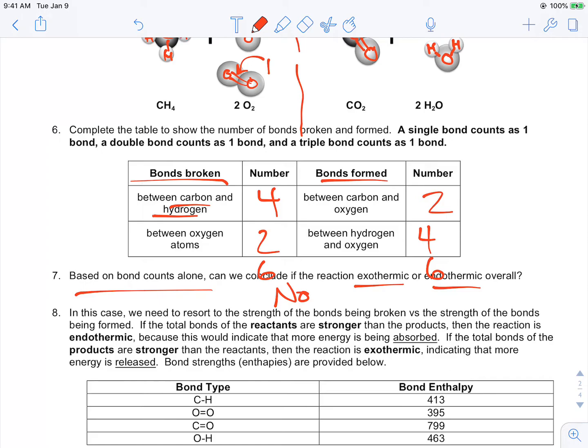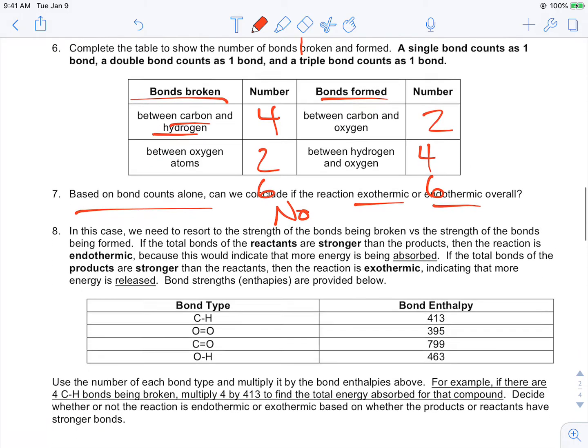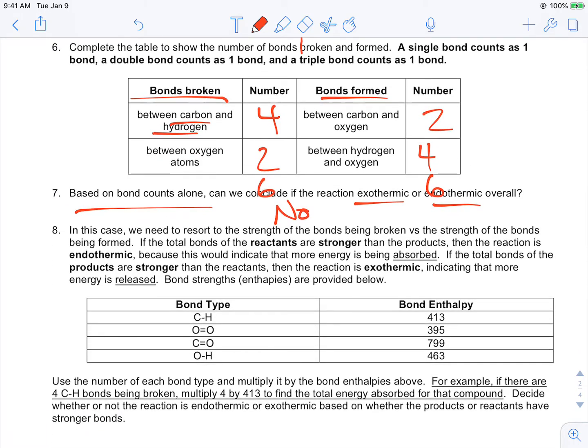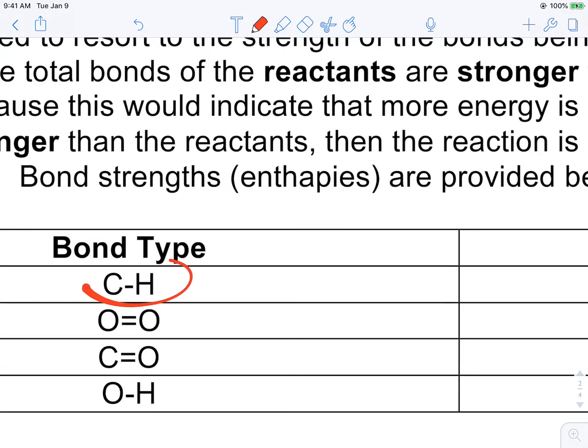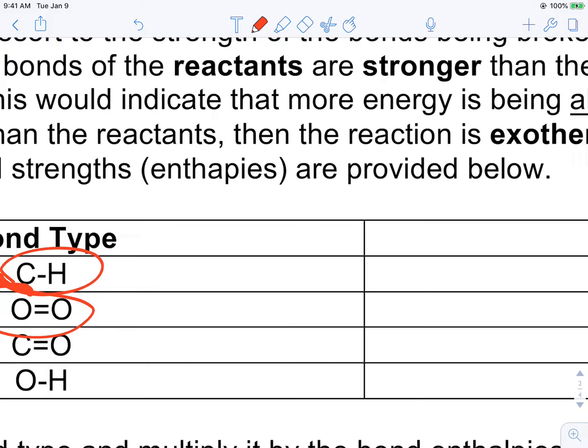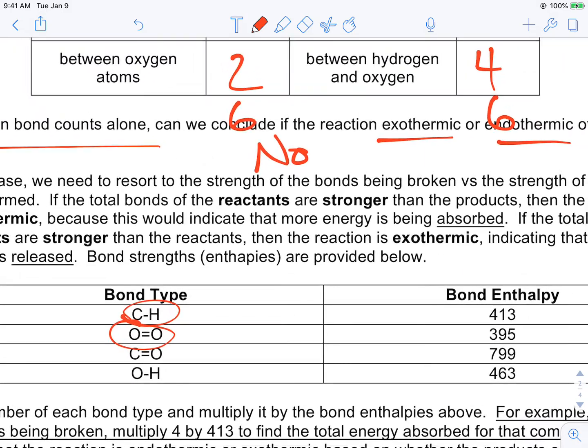So all we got to do is look at another statistic, and what we check out is that if we look at the different types of bonds, carbon to hydrogen bond, oxygen to oxygen, and so forth, they have different strength values, and this is called enthalpy. It just means how strong the bond between the 2 atoms is. The higher the enthalpy, the stronger the bond. Carbon dioxide bond would be our strongest bond on this chart.